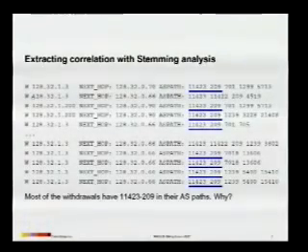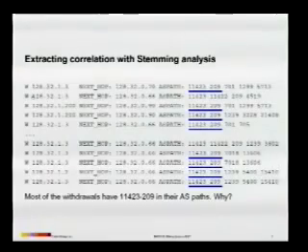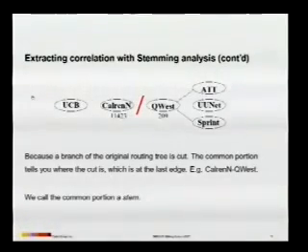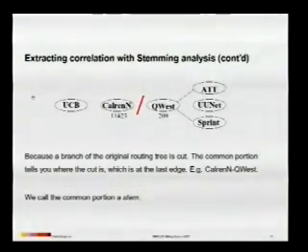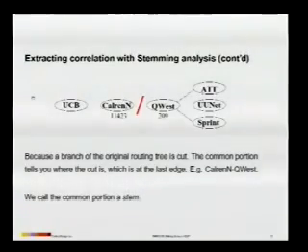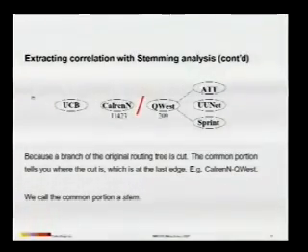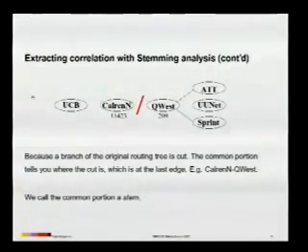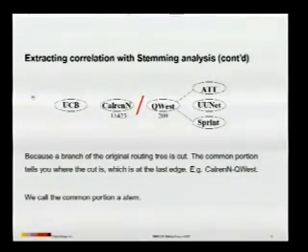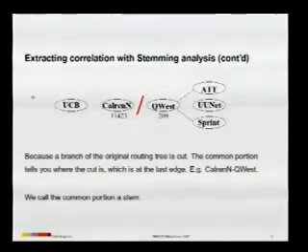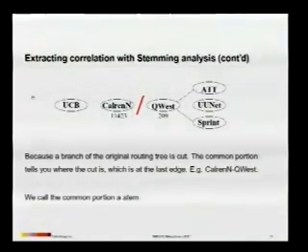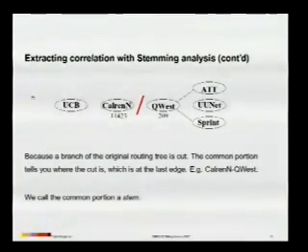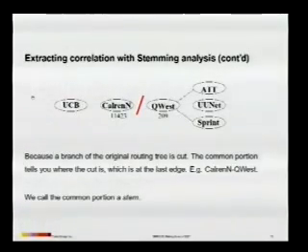But why do they have this common portion? That's because somewhere in the original routing tree, a failure happened, a branch was cut. This common portion we call a stem, and thereby stemming analysis tells you where that failure happened. The failure happens at the last edge of the common portion. In this case, it's between CENIC and Qwest, 11423 and 209.